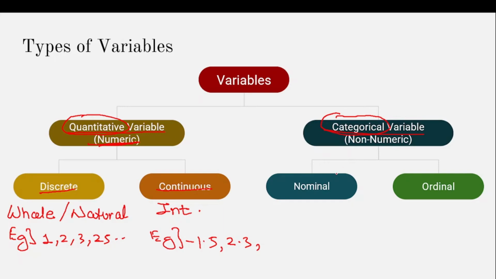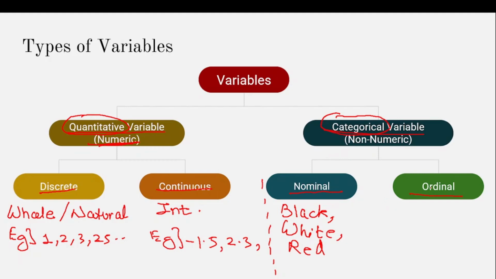Categorical variables are further divided into two types, that is nominal and ordinal. So the nominal variables are the variables which cannot be arranged in some particular order. For example, if I take the color of a product, it can be black, white, red. Can we arrange these colors in some order? No. So these will be nominal variables.